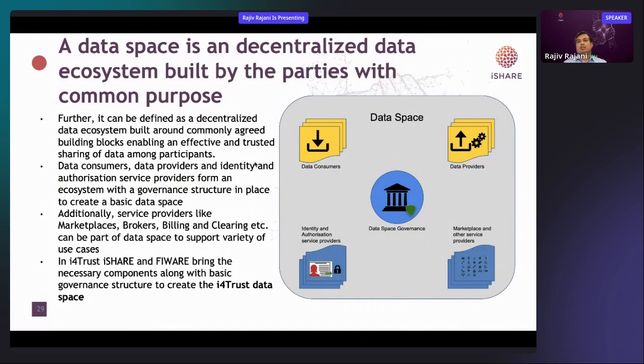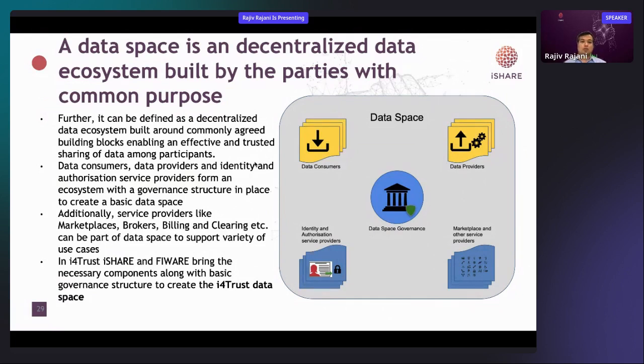In the middle, you see the data space governance. Of course, when you have a set of organizations and you have defined certain rules, you need governance and the trust elements around it in order to make sure that things remain operational.